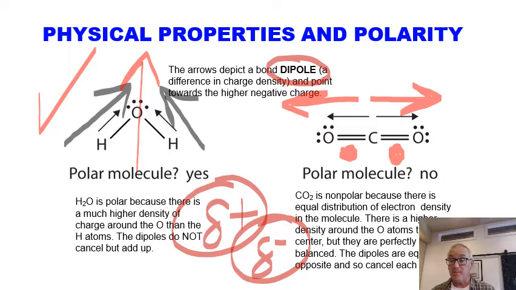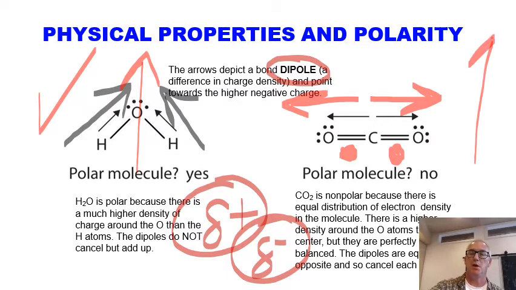Now, because of the shape of CO2, we have exactly equal and opposite dipoles. They're each exactly the same size because the size of the arrow we make is dictated by the difference in electronegativity. If there's a big difference in electronegativity, I make a big arrow. If there's a small difference, I make a little arrow. But with CO2, the difference between carbon and oxygen on one side is exactly the same as the difference in carbon and oxygen on the other side.